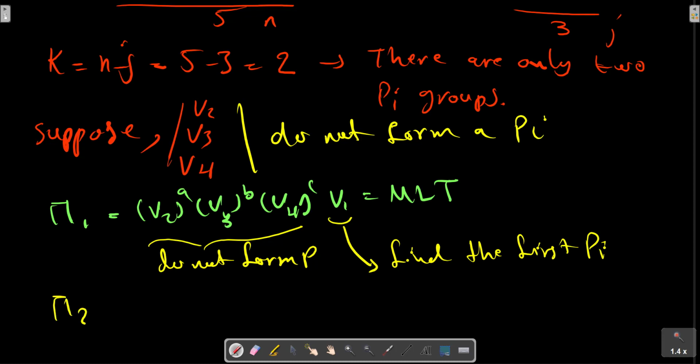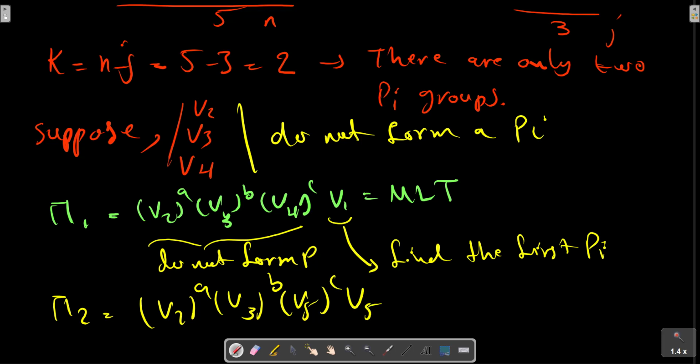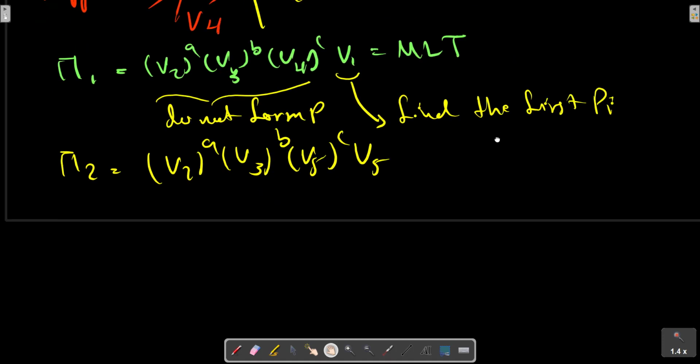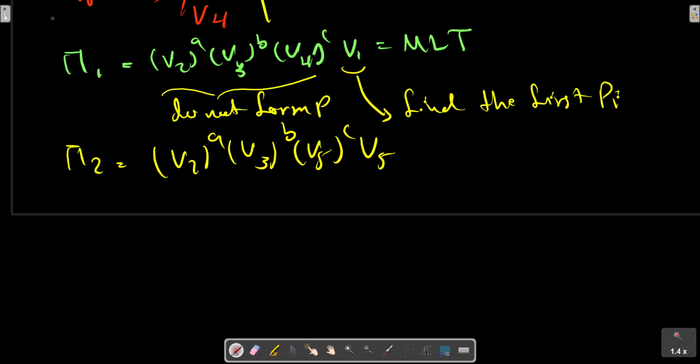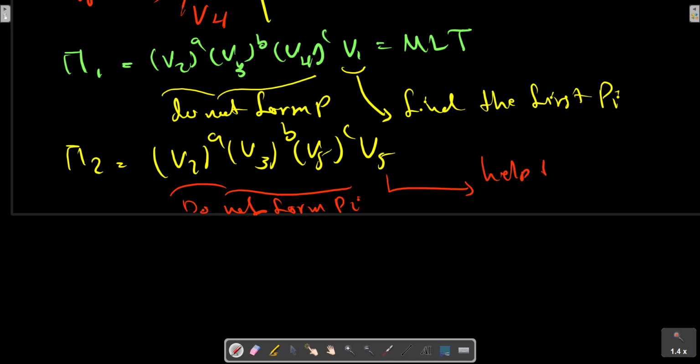The second is pi 2 equals v2 to the a, v3 to the b, v4 to the c, multiplied by v5. Also we have the same condition here.